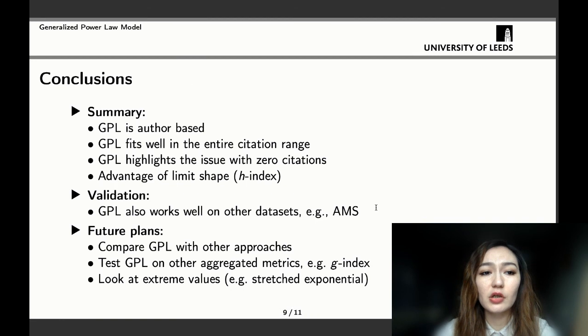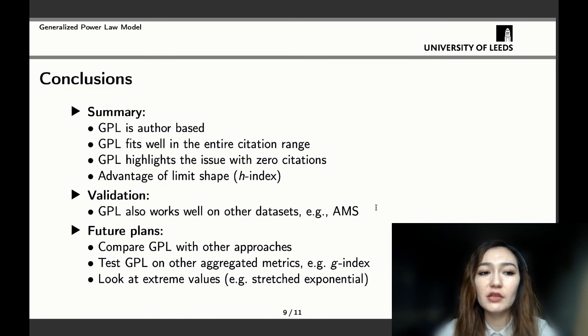Here are some conclusions. In this paper, we modeled author-based citations with our GPL model, and it fits well in the entire citation range. We noticed that the zero citations behave differently.